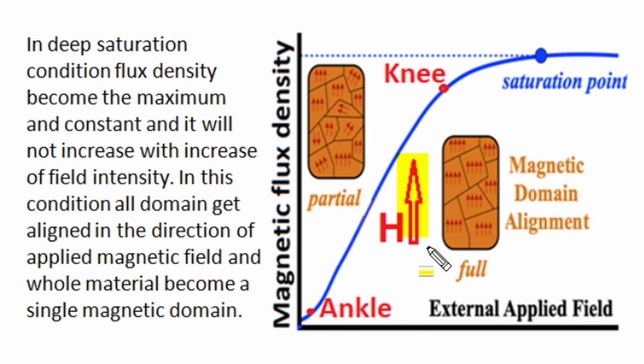When the external applied magnetic field intensity is increased, the first tilting of the easiest domain will take place in the direction of the applied field after the ankle point, and further increase of the external applied field continuously aligns and tilts more and more domains, and this partial magnetization of ferromagnetic material continuously increases internal magnetic dipole moment, or induced magnetic induction, or magnetic flux density with increase in external applied field up to the knee point with a constant and high rate, and we get a linear, highest sloped B and H relation between ankle and knee.